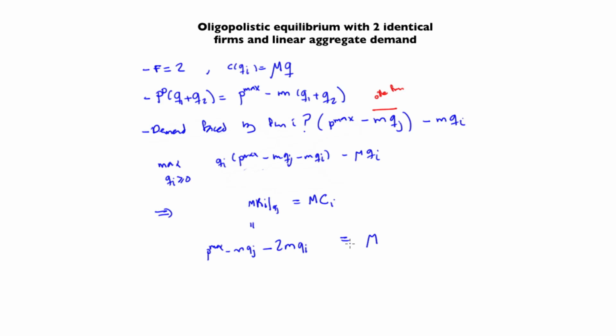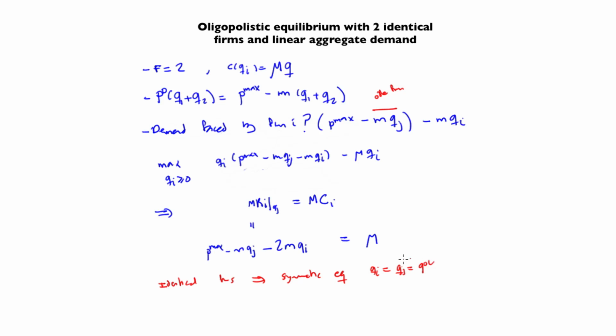Now, the key to solve the problem is to notice that since the two firms are identical, we're going to have a symmetric equilibrium. Identical firms imply a symmetric equilibrium in which Qi equals Qj, and let me call that Q oligopoly.